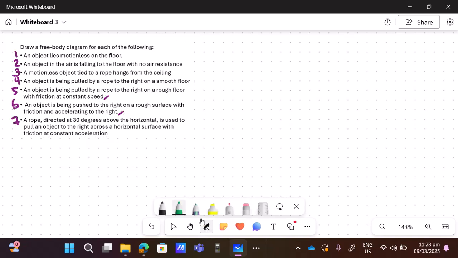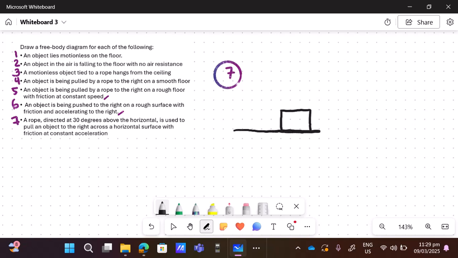Now, how are we going to represent this in a free body diagram? So this is 7. We know that we have a box, say the same box, on a rough floor, a horizontal surface.